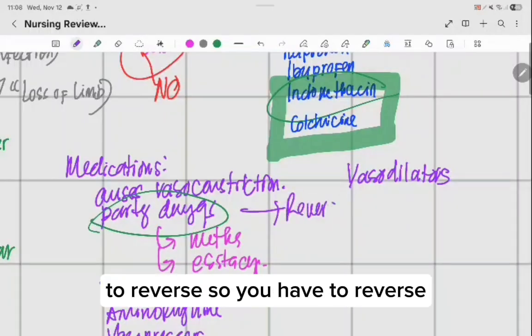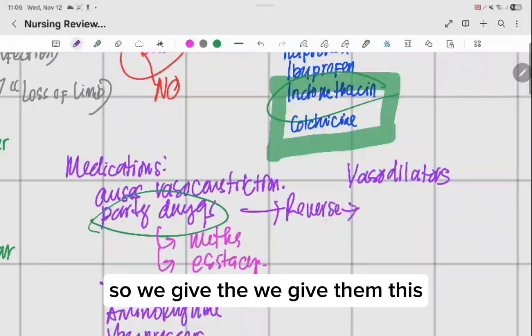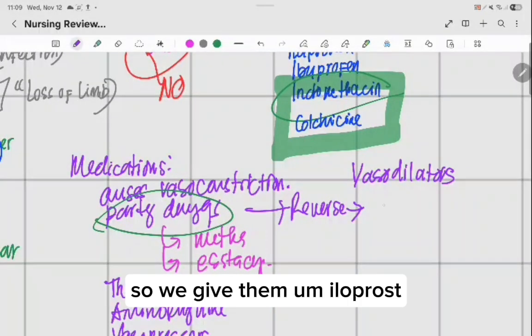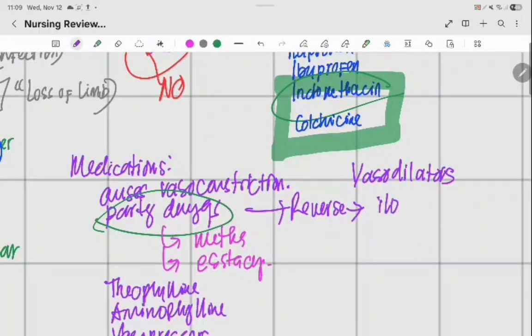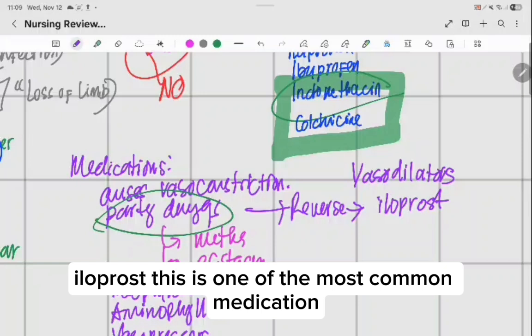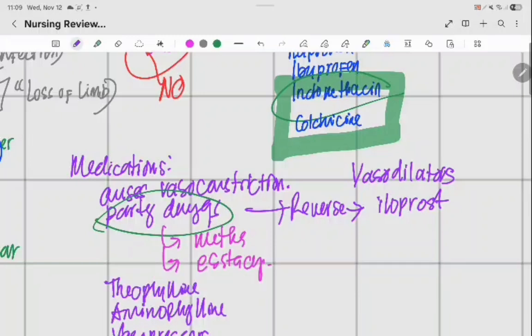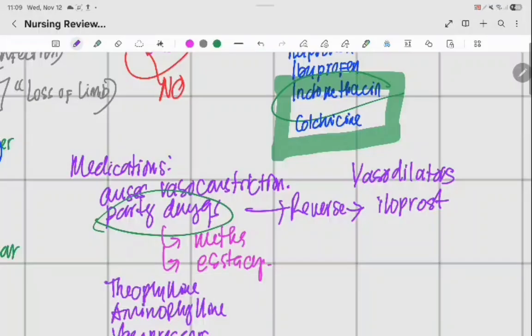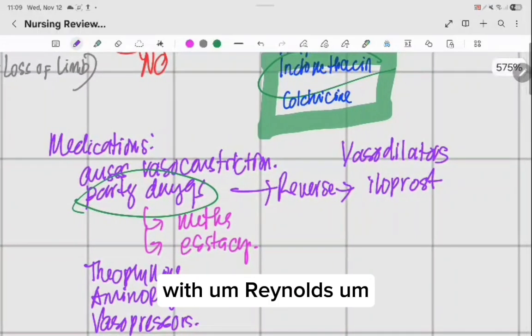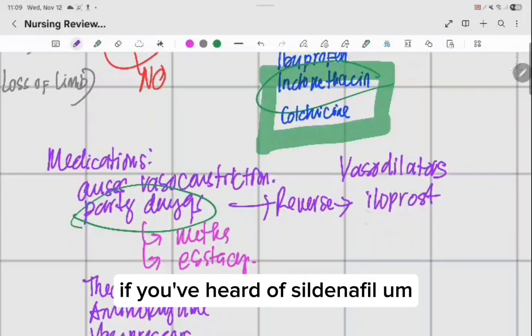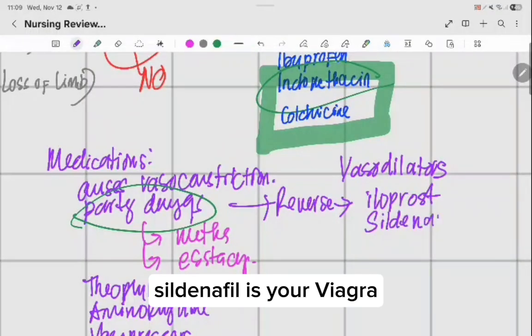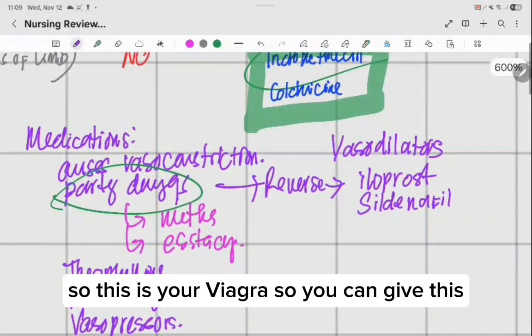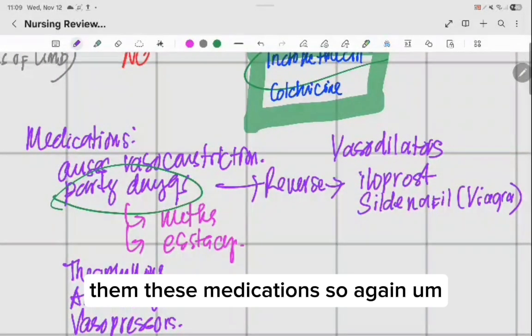So we give them iloprost. This is one of the most common medications for patients with Buerger's and with Raynaud's. If you've heard of sildenafil, sildenafil is your Viagra. So we can give them these medications.